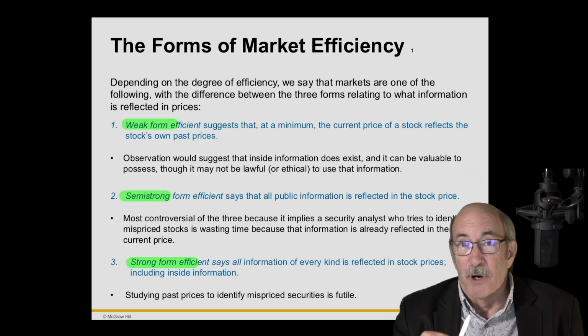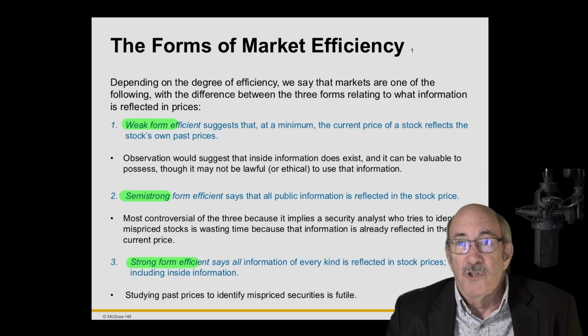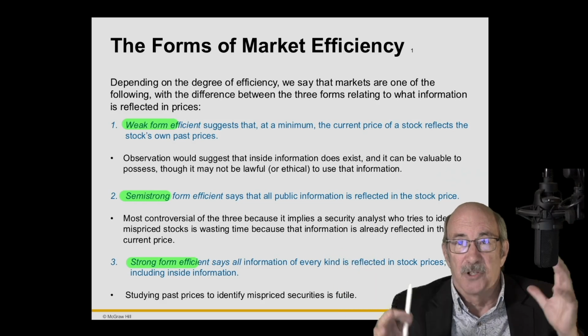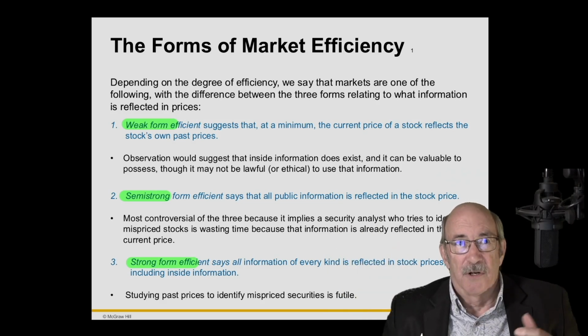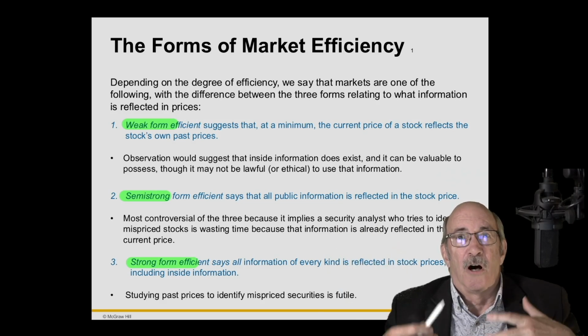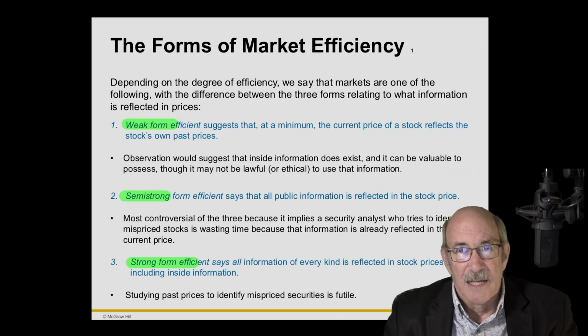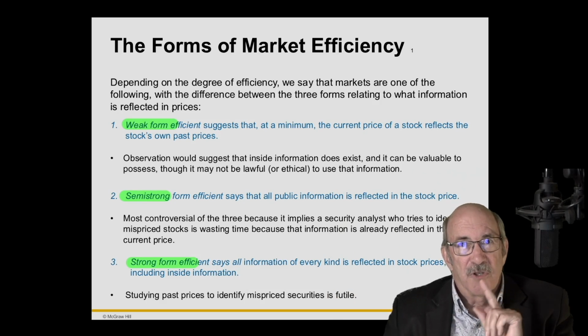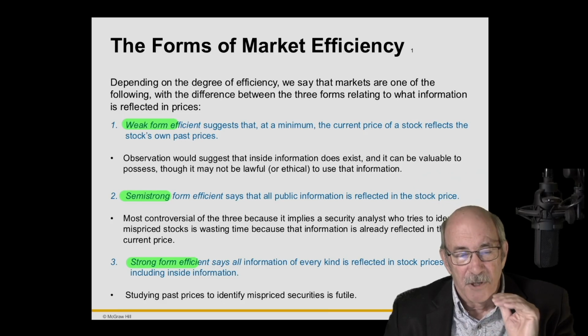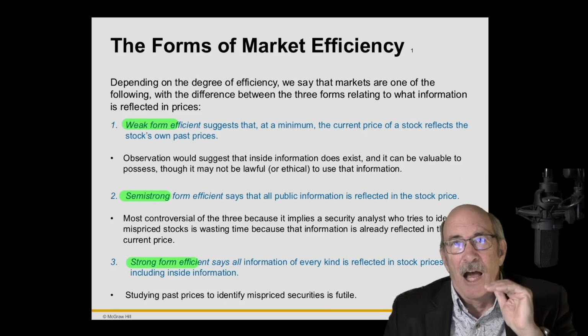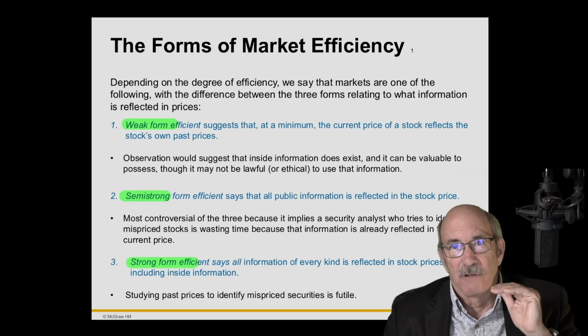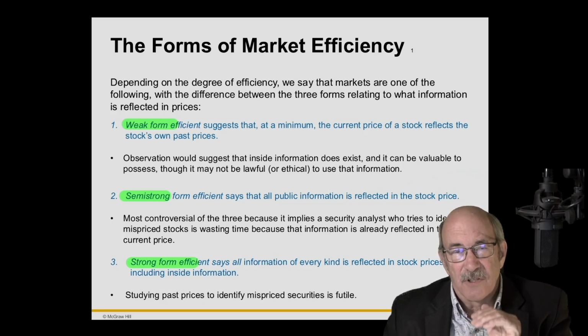Semi-strong, and remember, we're assuming that all of this information is out there, all of the price series, all of the public information, all of the privately held information. It's out there. The question, related to these thresholds, is how much of that information is actually reflected in the price of the stock.